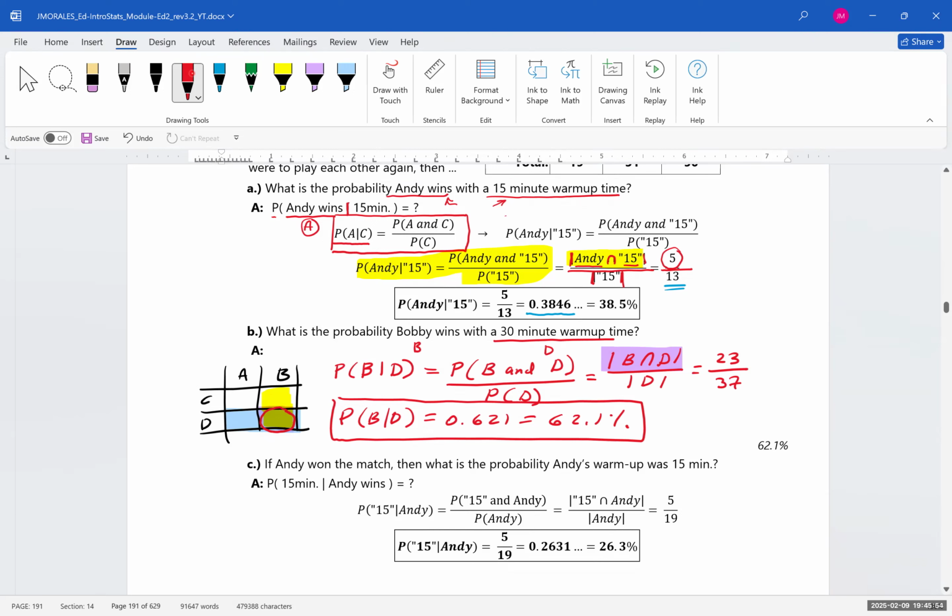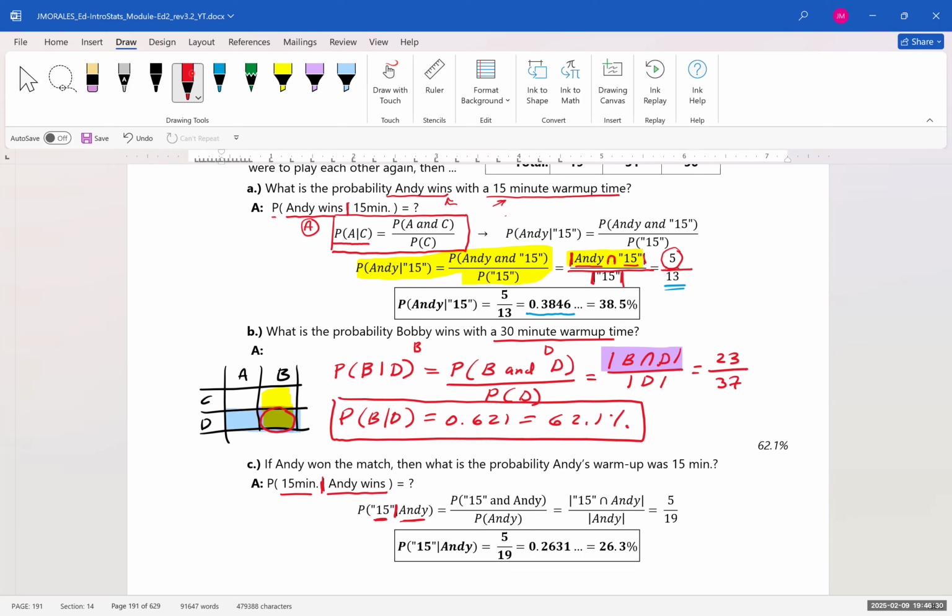If Andy wins the match, then what is the probability that Andy's warm-up time was 15 minutes? So now we're switching the order of what's given first and then what happens next. So here, what's the probability, given that Andy wins, that it was a 15-minute warm-up? So we're looking at the probability of a 15-minute warm-up given that Andy won.